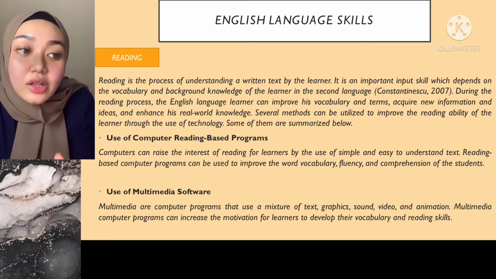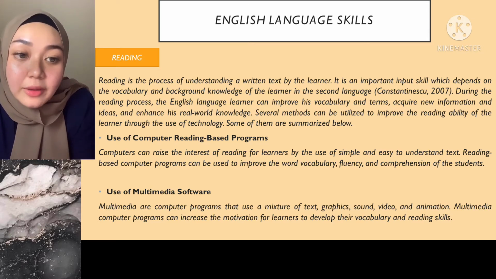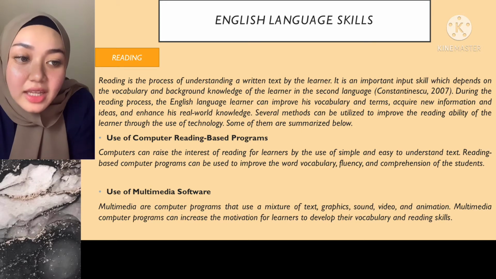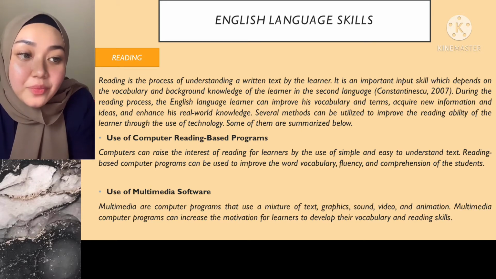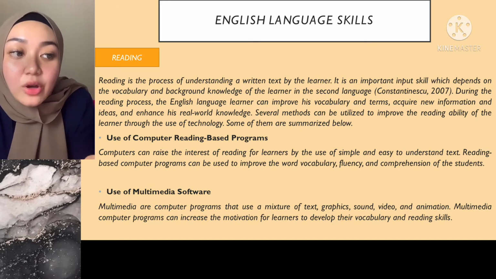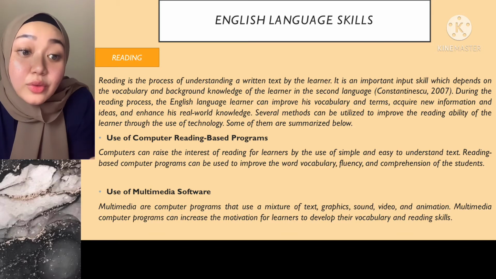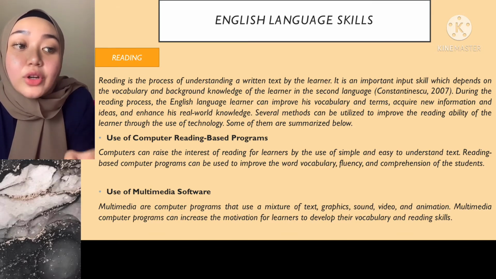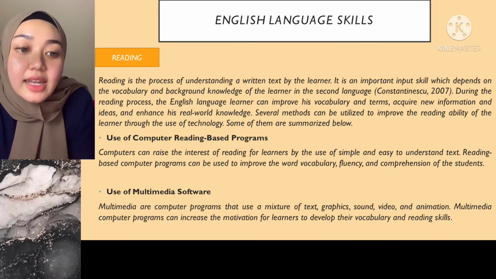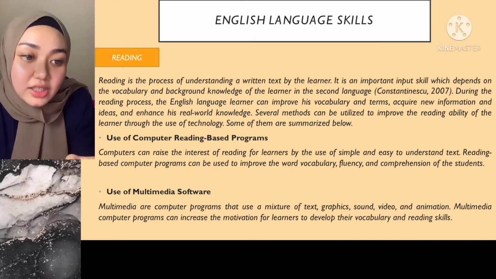According to Constantine 2007, reading is the process of understanding a written text by the learner. It is an important input skill which depends on the vocabulary and the background knowledge of the learner in the second language. During the reading process, the English language learner can improve his vocabulary and terms, acquire new information and ideas, and enhance his real-world knowledge.